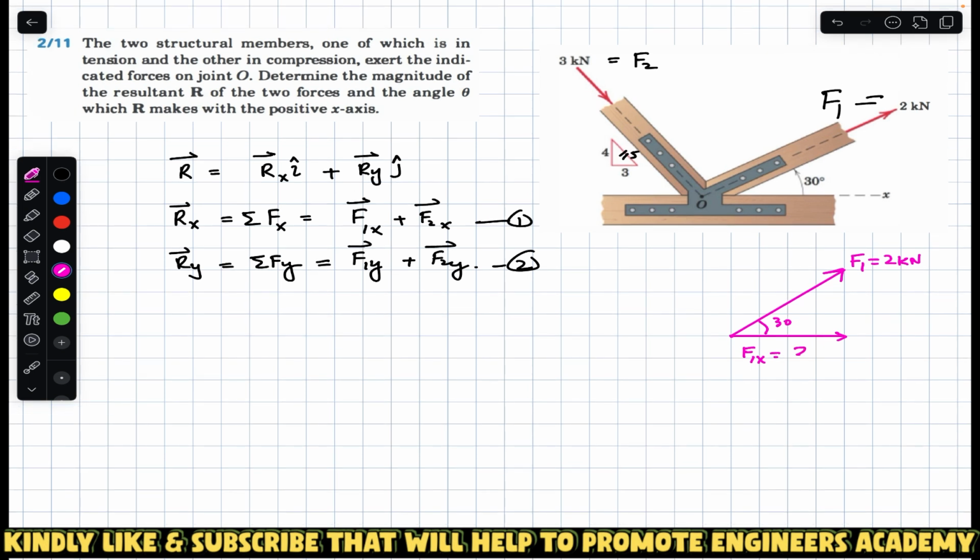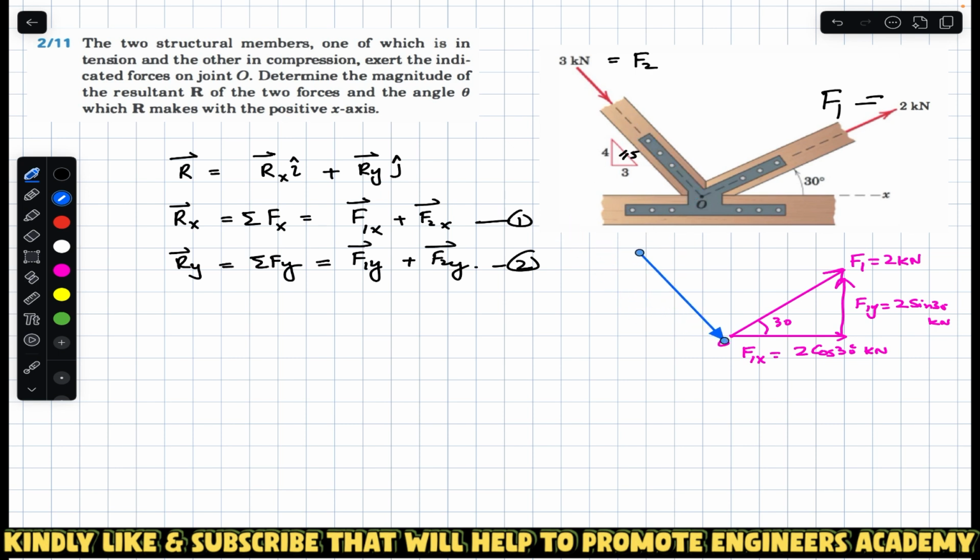So this will be 2 cos 30° in kilonewton, and we will have one component in the y direction. This one will be F1y, and it will be the sine component. So this will be 2 sin 30° in kilonewton. So this is that point O where F1 is acting, and similarly we will have that 3 kilonewton force.